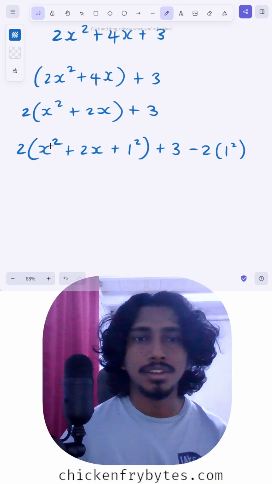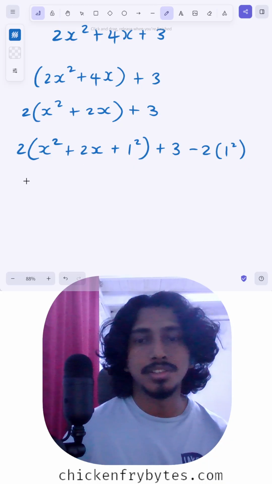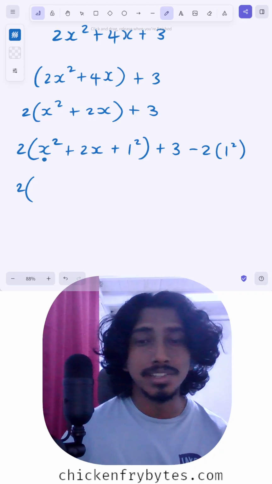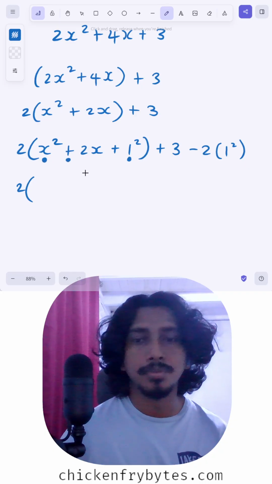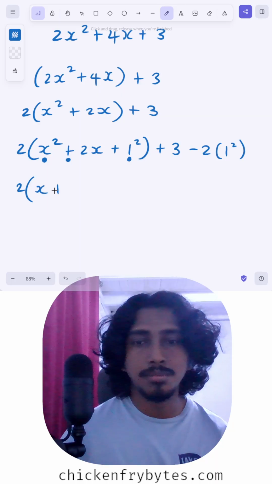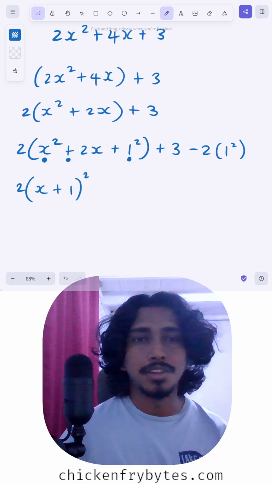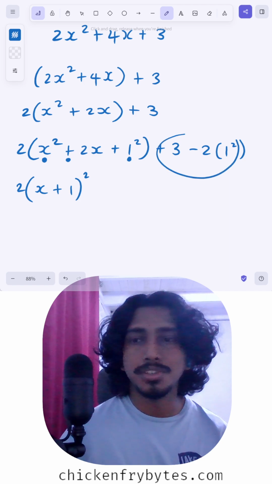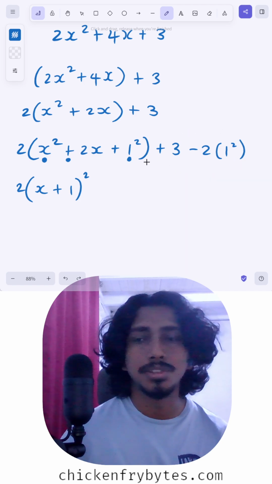We factorize by the perfect square factorization. And so we write 2 into, we take this x, we take this sign, and we take the 1. And so we have x plus 1 all squared. And then we just have to break down the outside terms, and that will be it for completing the squares.